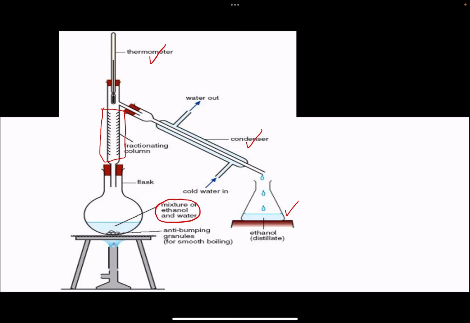This setup has an additional feature known as the fractionating column. This fractionating column is usually made up of either glass beads or glass columns to provide an increased surface area for continuous evaporation and condensation to take place.